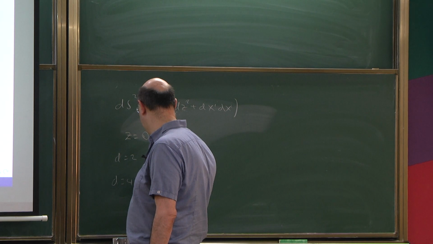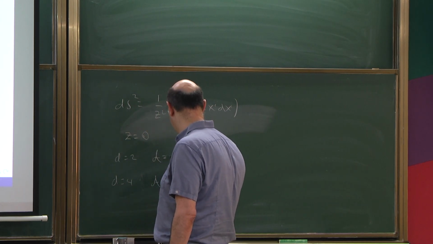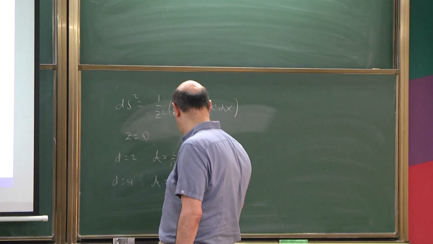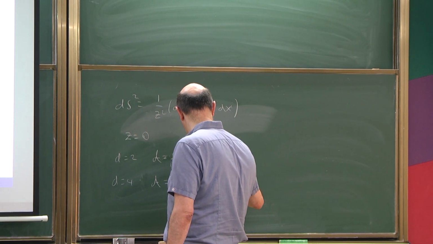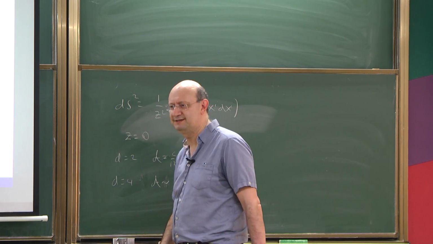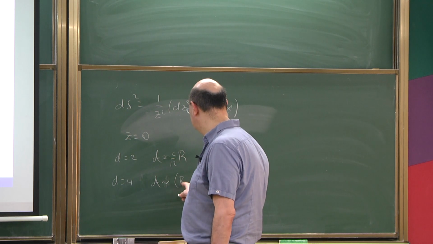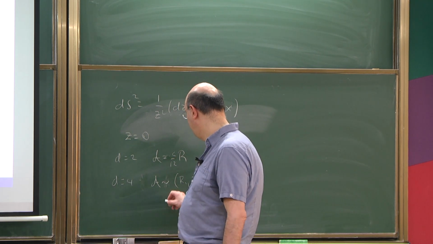In D equals 4, A is something like proportional to this. R is the Ricci curvature of the boundary metric.